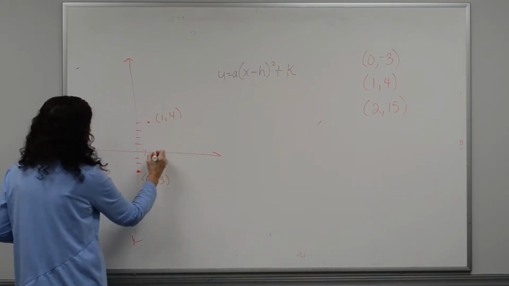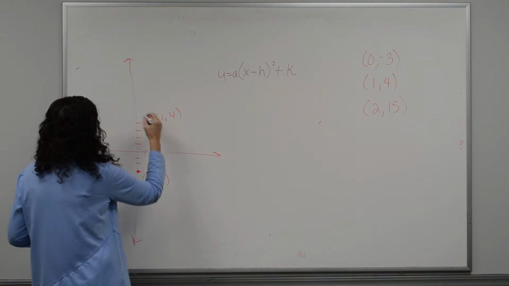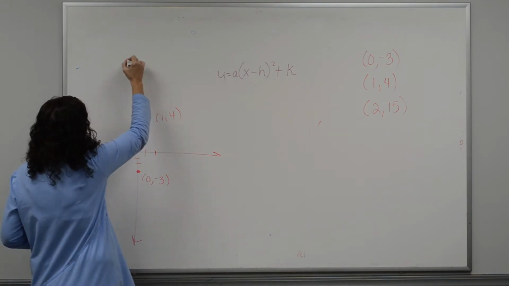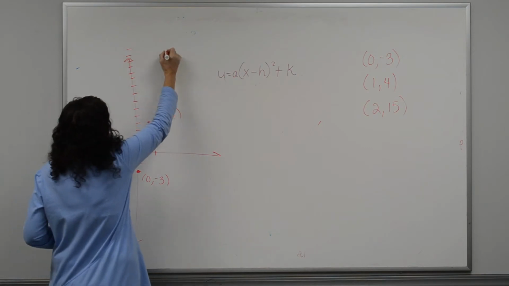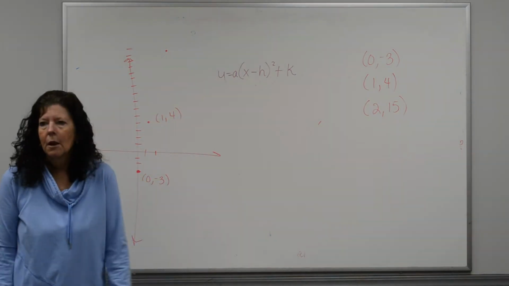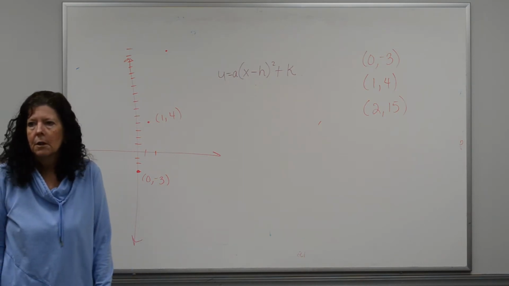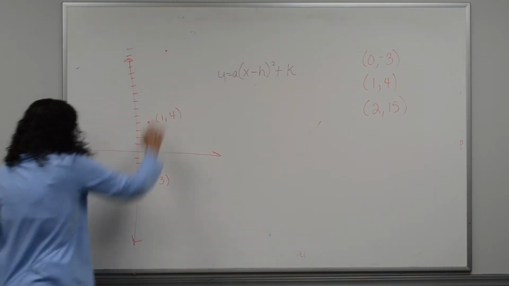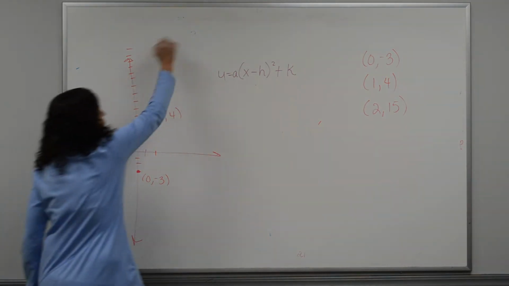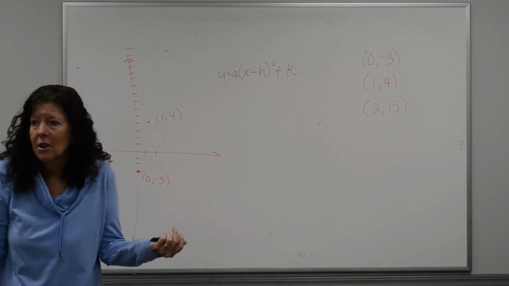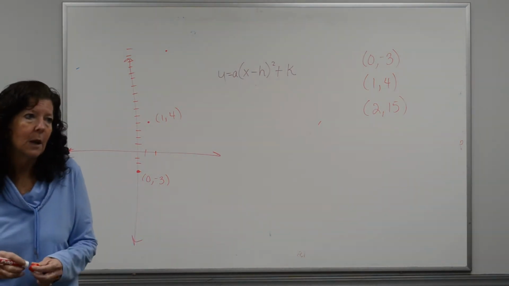And I have 2, 15, which is right here. What the heck is the vertex? Okay, I don't have a parabola. Actually I do have a parabola, but I don't know whether it goes like this or like that. I don't know anything about this parabola. So I have to do it the other way.